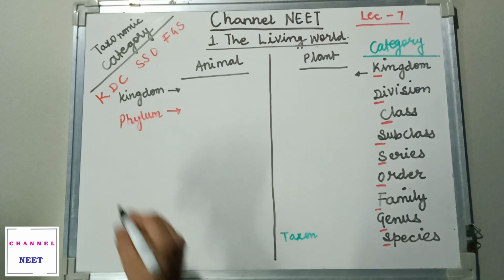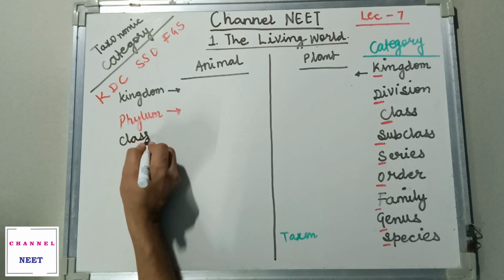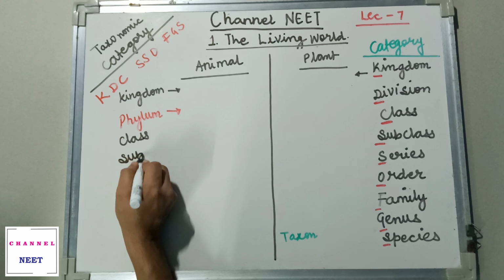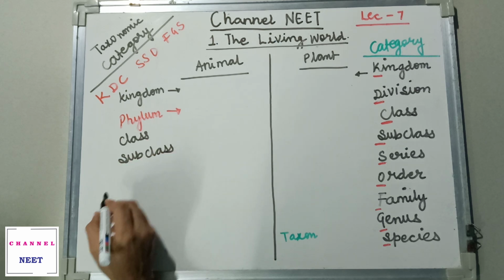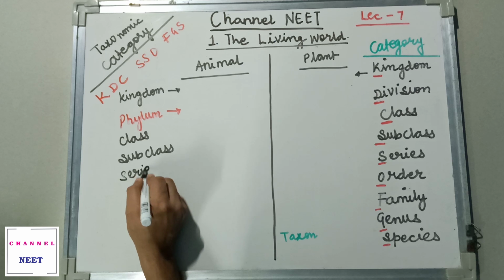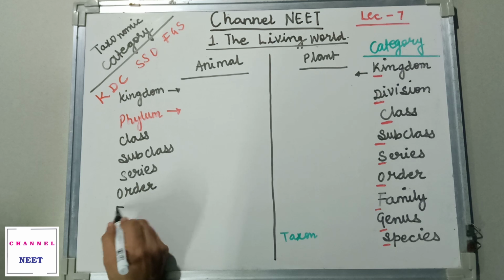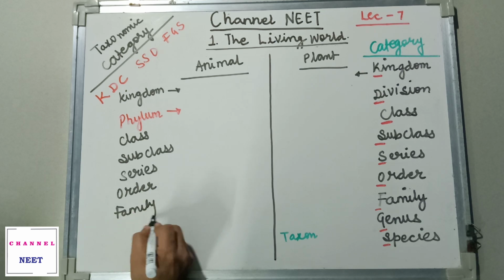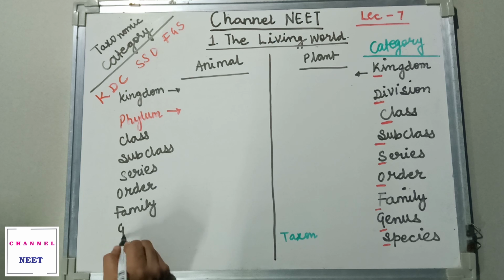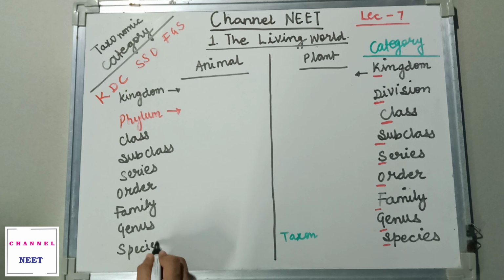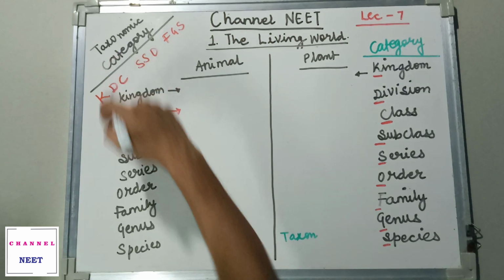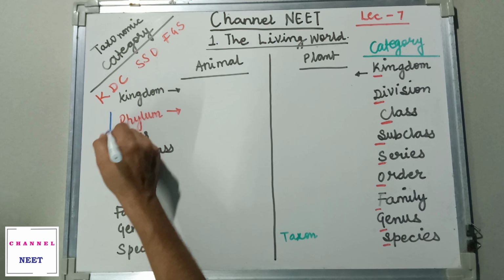Then you have class, subclass, series, order, family, genus, and species.